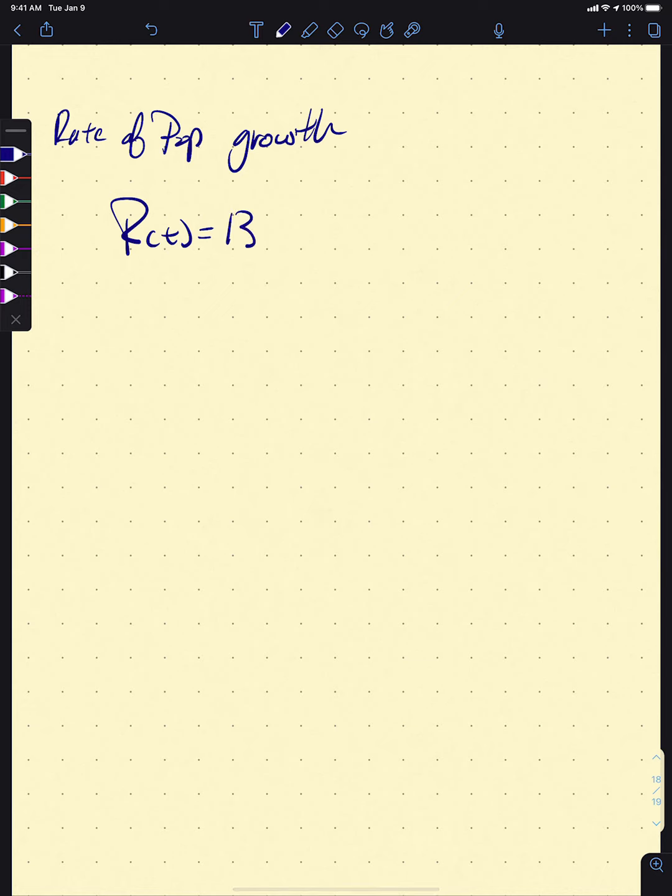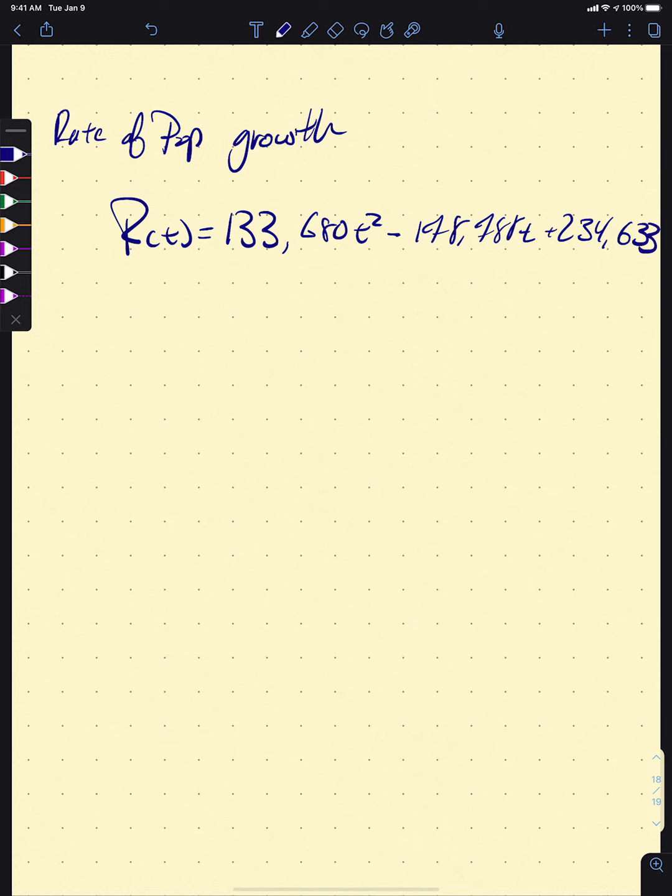Say the rate of population growth is R of t is 13,680 t squared minus 170,788 t plus 234,633.